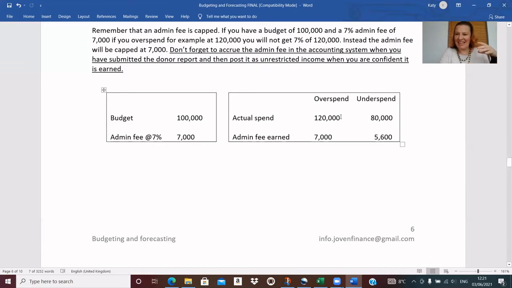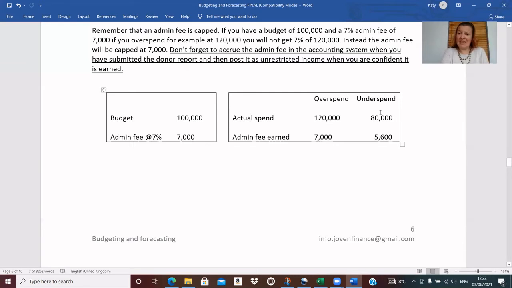Now, we're not going to get 7% of 120,000 because we've overspent, because that would be a counterintuitive incentive from the donor for us to overspend. In that case, the admin fee will be limited to a maximum of 7,000, but also likely reduced so that it covers the overspend.